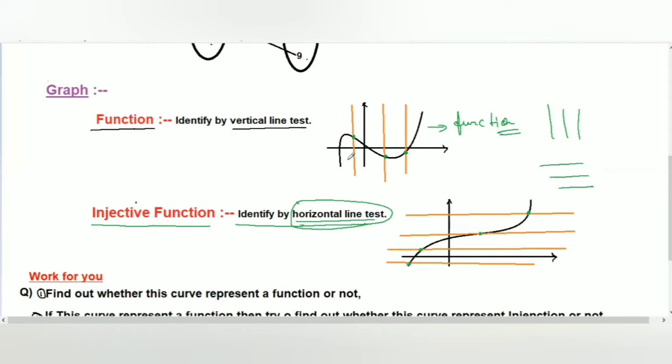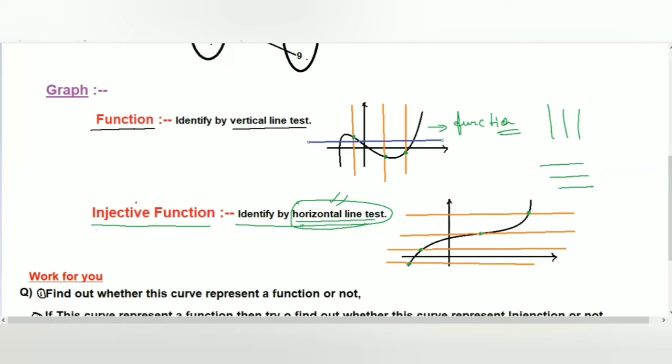Try to find it out here. This is a function, but whether this is an injective function or not, we have to draw a horizontal line. So let's draw a horizontal line here.